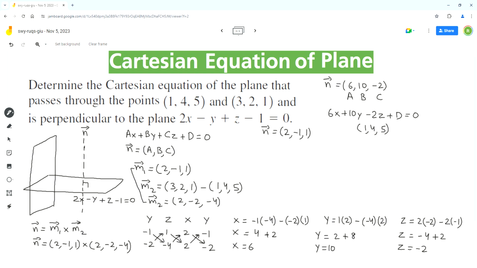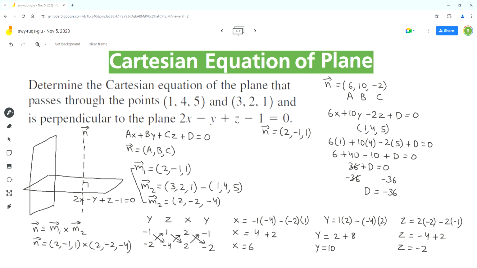So we should sub in x as 1, y as 4, and z as 5 in this equation, and then solve for D. We can isolate D by subtracting 36 from both sides. I get D equals -36.